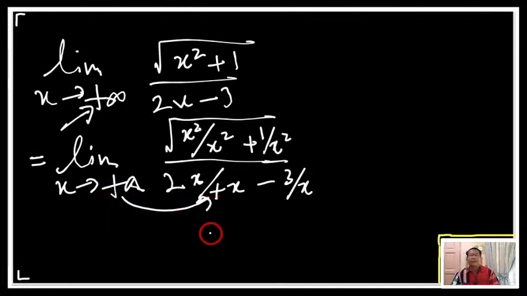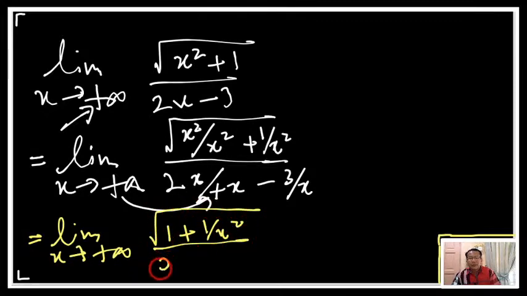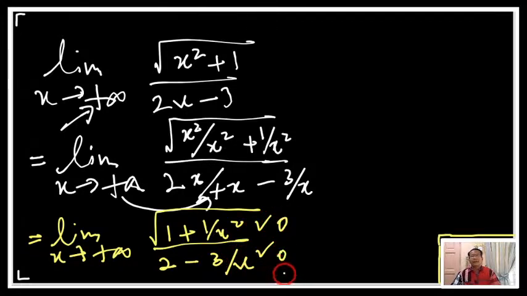If you have negative here, this one should be negative. So this one is equal to limit x approaches positive infinity, square root of (1 plus 1 over x squared) over (2 minus 3 over x). This part is 0, this part is 0. So the answer is 1 over 2.